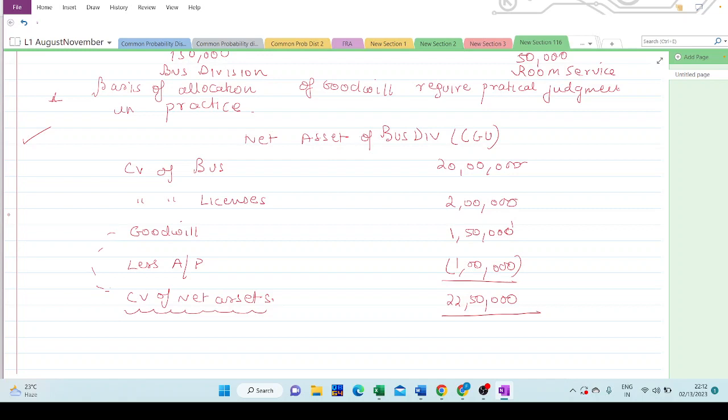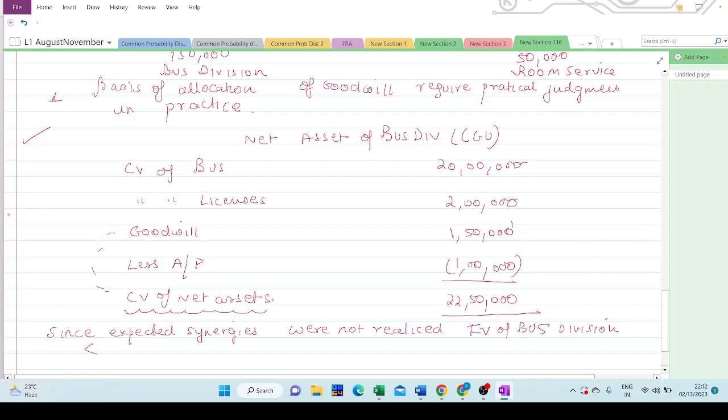So since expected synergies were not realized, the fair value of the bus division, not the fair value of the identifiable assets of the bus division, declined or went below the carrying value of the bus division.